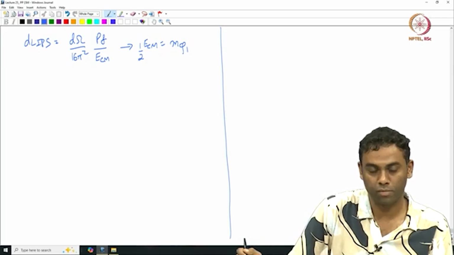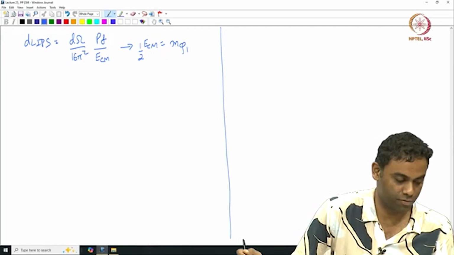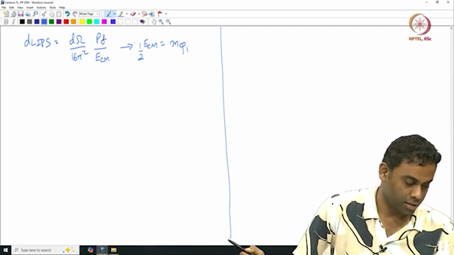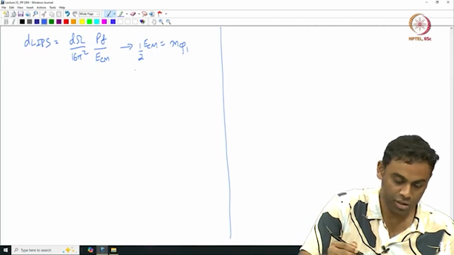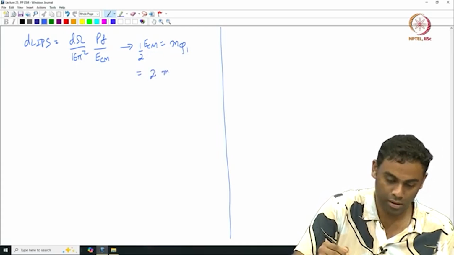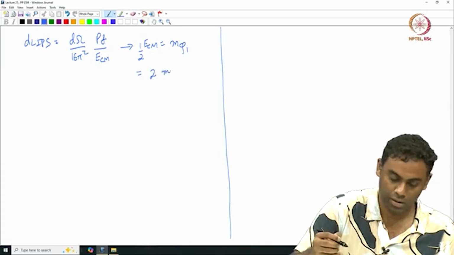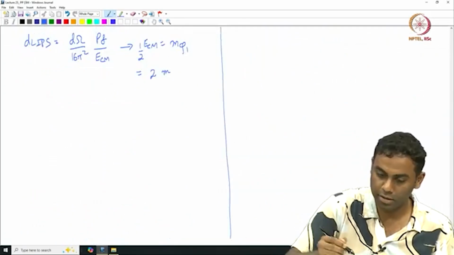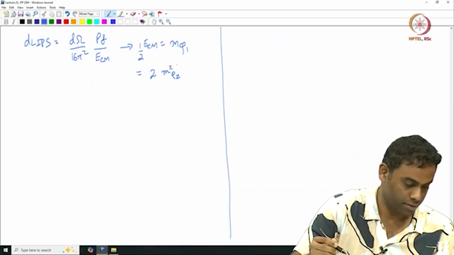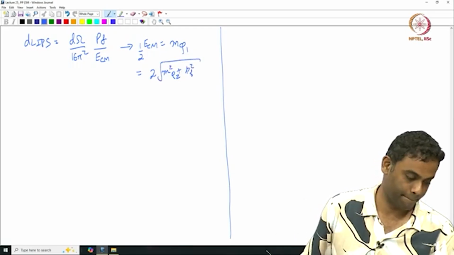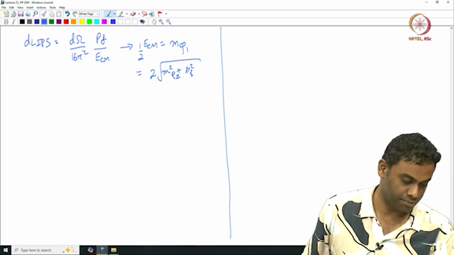Up to a factor of 2, half of ECM is m phi 1, and through energy conservation this is nothing but 2 times the square root of m phi 2 squared plus pf squared, right?